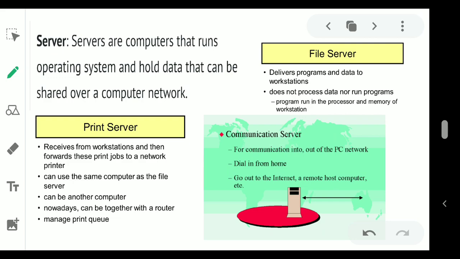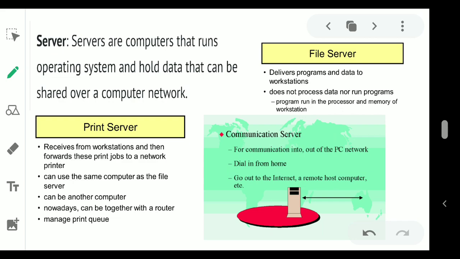A file server usually stores files created by the application programs and allows these to be accessed by two or more clients. The data server and the application server are also part of this file server.